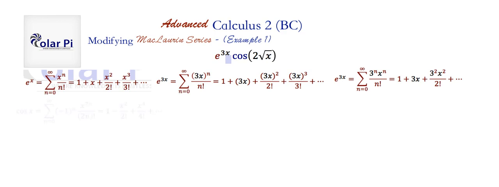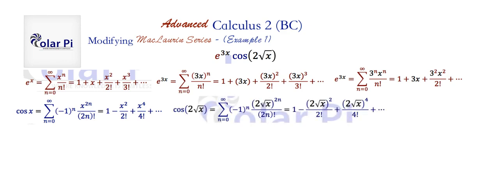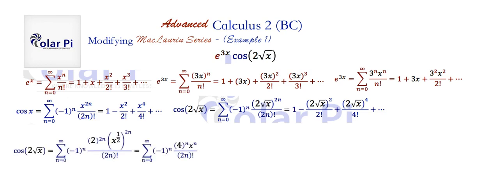All right. Now, similarly, starting with the cosine Maclaurin series, we can get the cosine 2 root x Maclaurin series like this. First, in place of x in cosine, we put 2 root x, and so that's here and so on. And now we simplify, and the simplifying here is a bit more work, but it's okay.